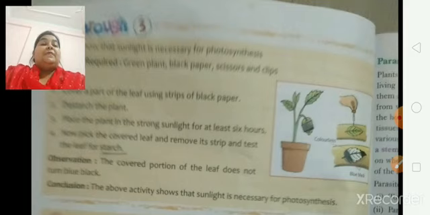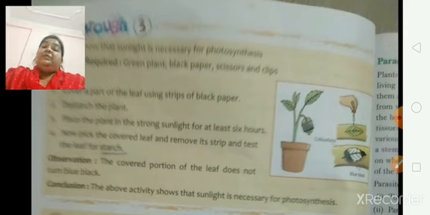After keeping it in the dark, we remove it and keep it in sunlight, and then after plucking that leaf, we first remove the leaf from the plant, open the black paper from the leaf, and test the leaf for starch. For starch, we just pour iodine solution over it.